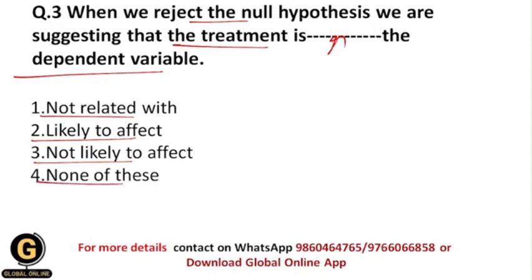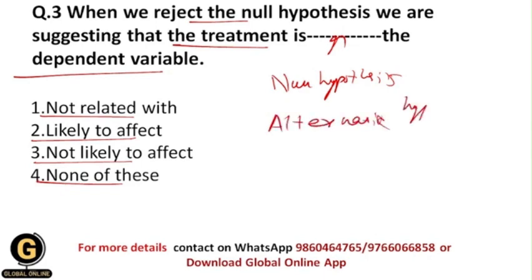So basically students, there are two basic types of hypothesis in the whole research process, and those are the null hypothesis, that I have given the definition for earlier in this video, and the other one is the alternative hypothesis, which is also called the research hypothesis.